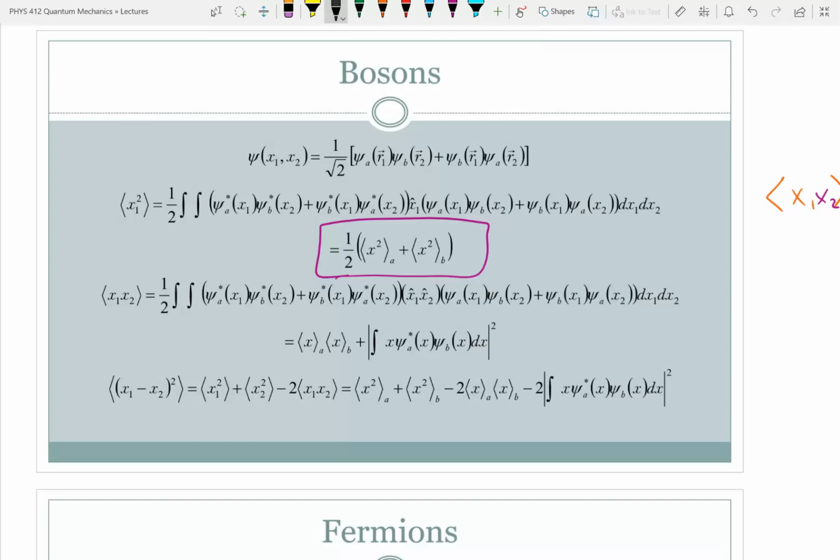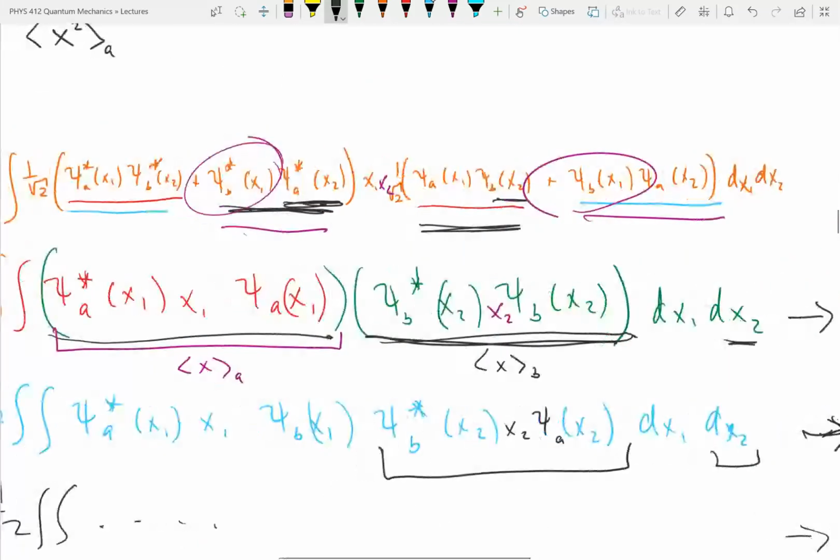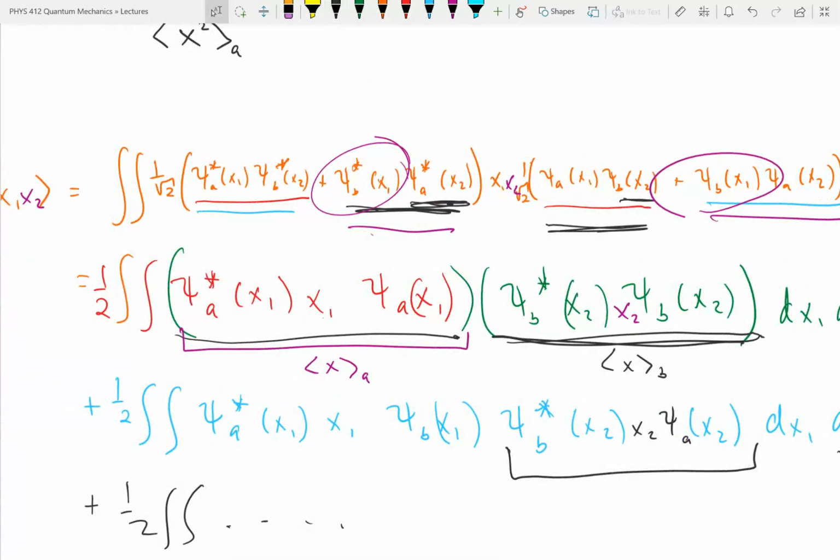Why does it have the mod squared? Because the order is reversed between which one is starred, right? This is A star A and B star B with the 1.